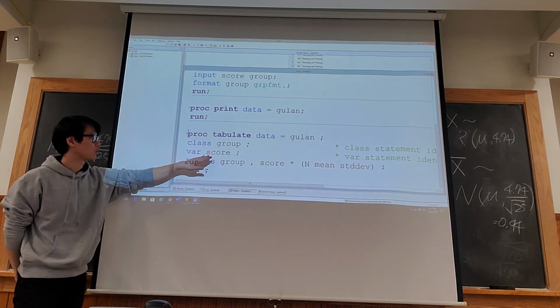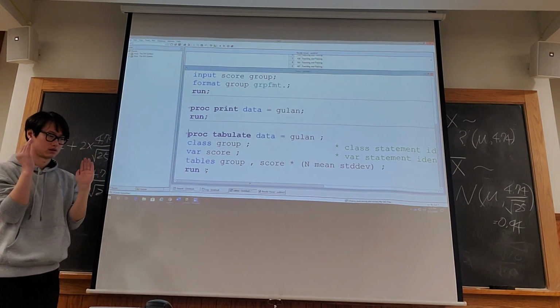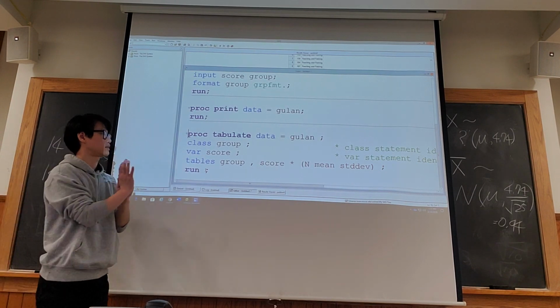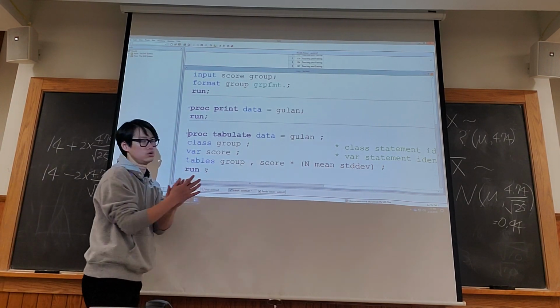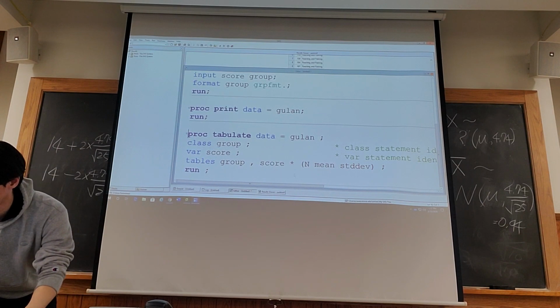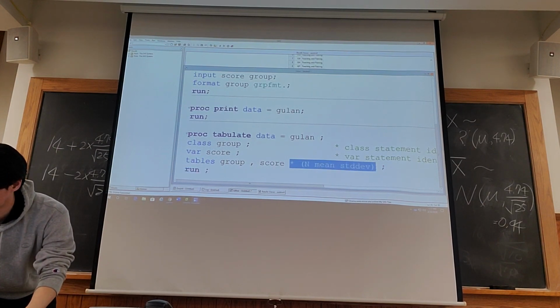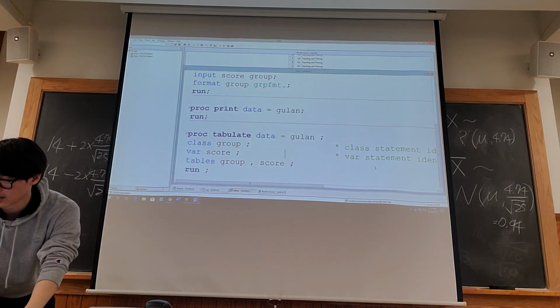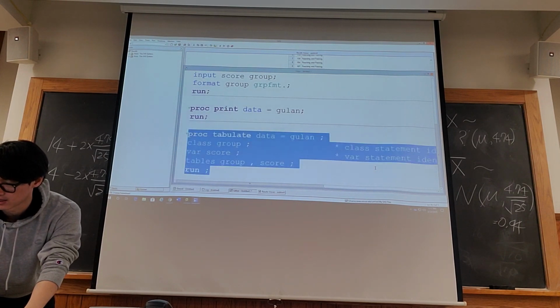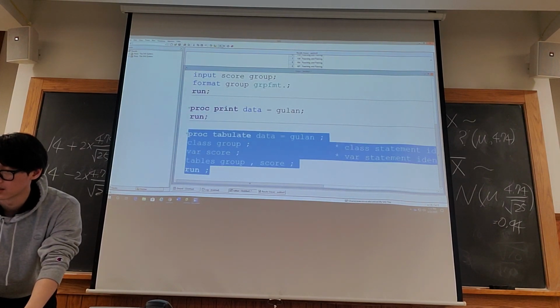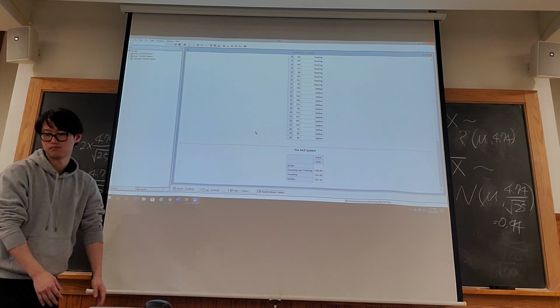I want to use score as my variable in the table. If I run this, we can see the basic form of the table that proc tabulate will give us.